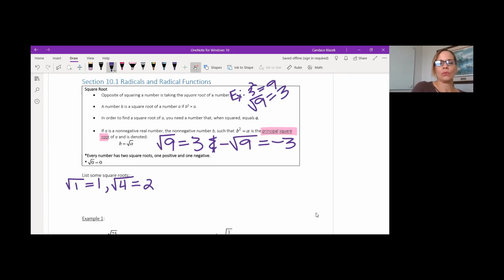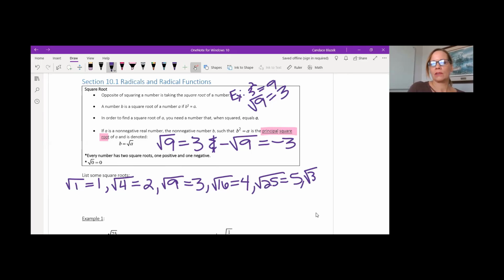So it's nice to know what these perfect squares look like so that we know what the square roots are. The square root of 16 is 4. Now remember, it's the principal square root. The square root of 25 is 5. Let's do a few more. All right, the principal square root of 36 is 6.